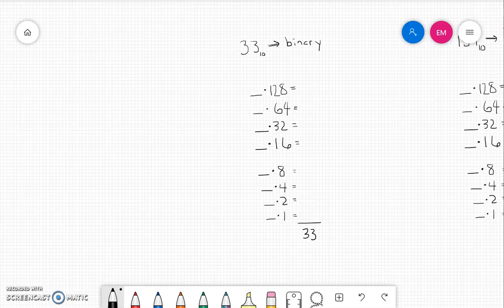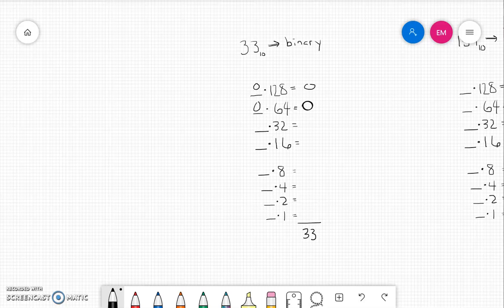So if I think about this, I could put a 1 here, but 1 would give me 128, and that would be way too much. So I know that I can't have 128. There's nothing in the place value of 128, so that has to be a 0. Likewise with the 64s, for the same exact reason.